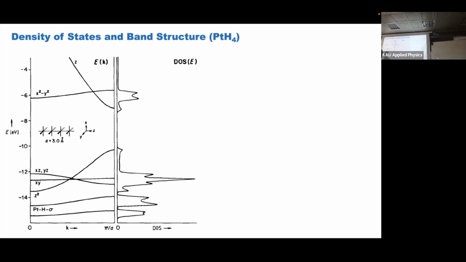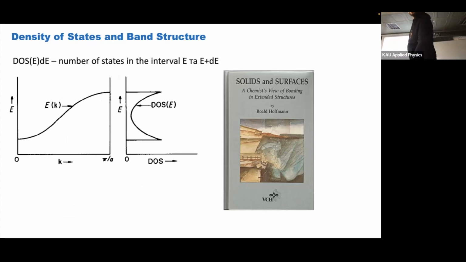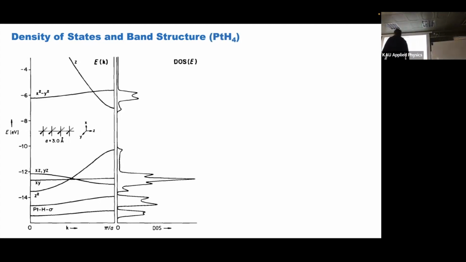Let's start from below. I have this parabola. I have to have such a picture of density of states, but this parabola is very flat. What does it mean?